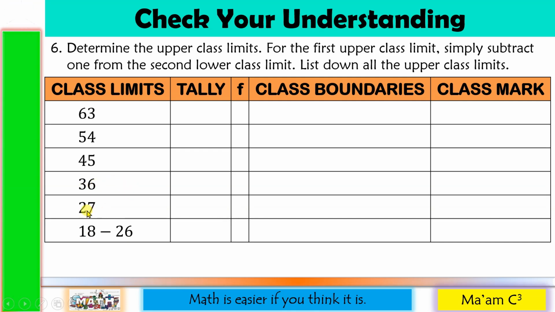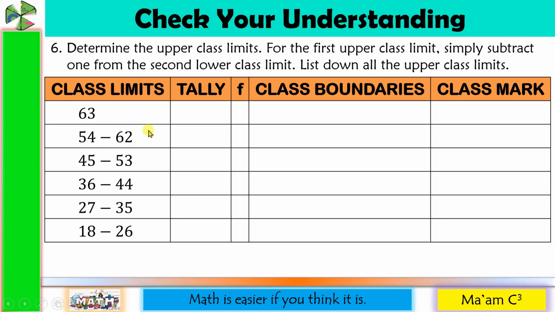So this is 27 to 35. 45 minus 1 is 44. So this is 36 to 44. 54 minus 1 is 53. So this is 45 to 53. 63 minus 1 is 62. So this is 54 to 62.